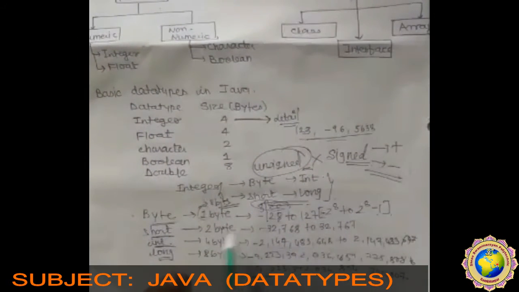Now next, 2 bytes. 2 bytes means 16 bits, yes or no?